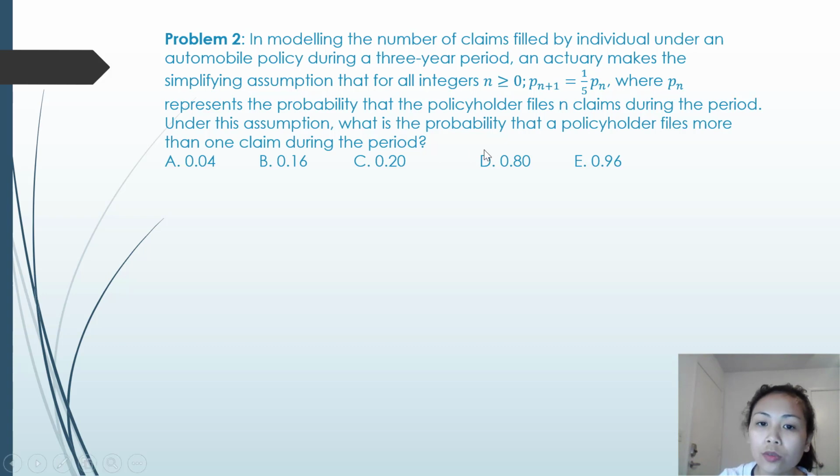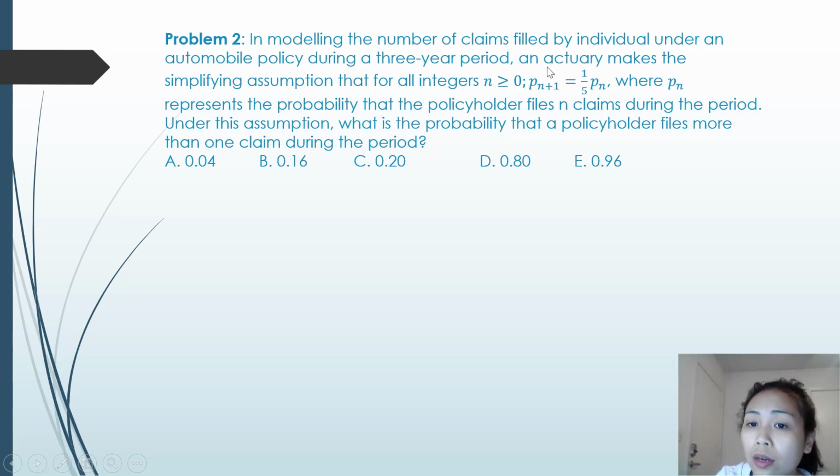So for this question, we are going to use the complement rule. The probability that a policyholder files more than 1 claim is 1 minus the probability that the policyholder files either 0 or 1 claim.